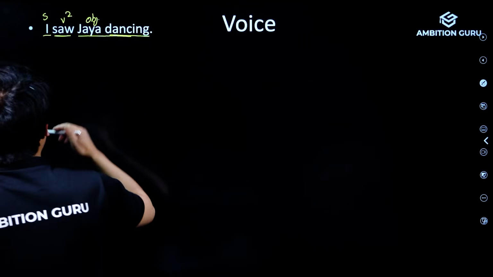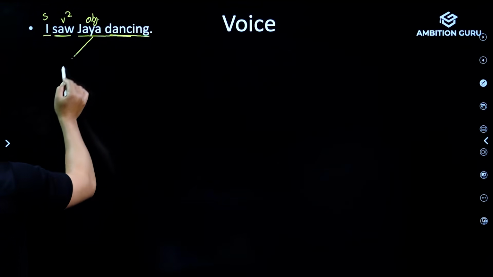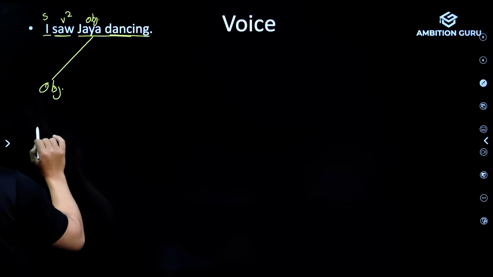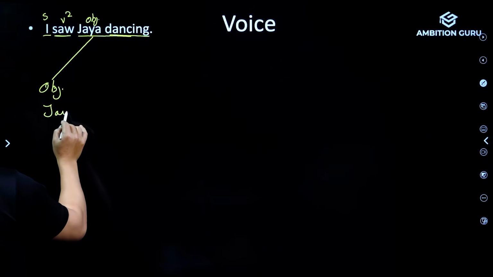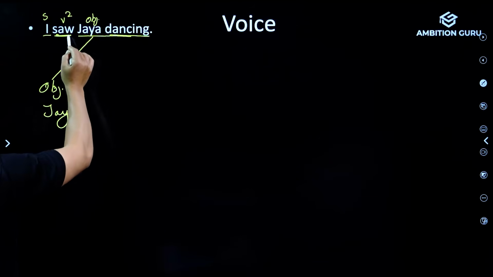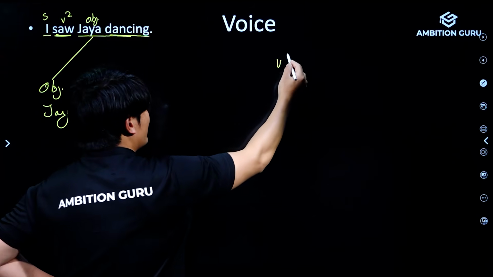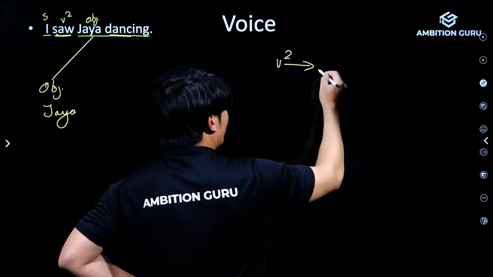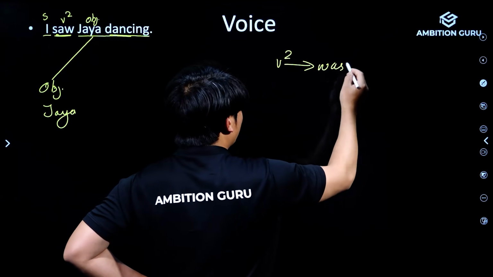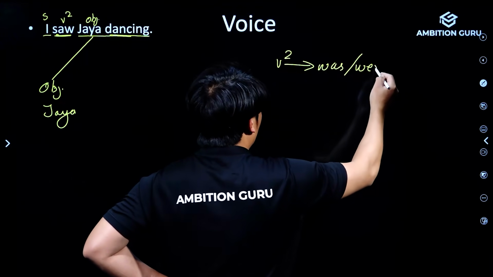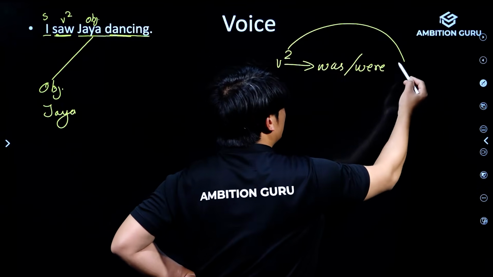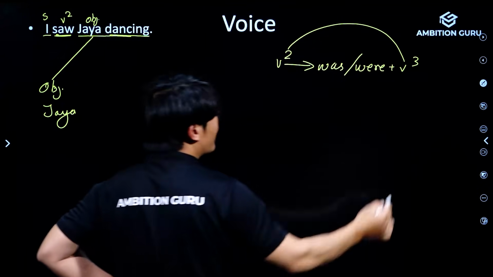Let me tell you. Joya is the object, that's why Joya should come first. So we need to write the object first, like Joya. And when there is a verb 2, we need to understand that there are two be verbs. What are they? One is was and the next is were. And we need to change this verb 2 into verb 3. Clear?